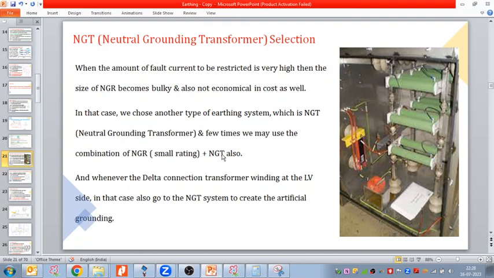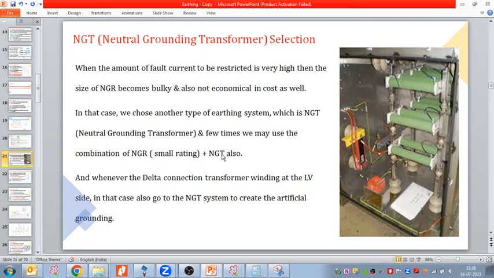Another application: whenever we have a power transformer which is delta connected, we don't have the star, we don't have the neutral point. If no star, then no neutral.